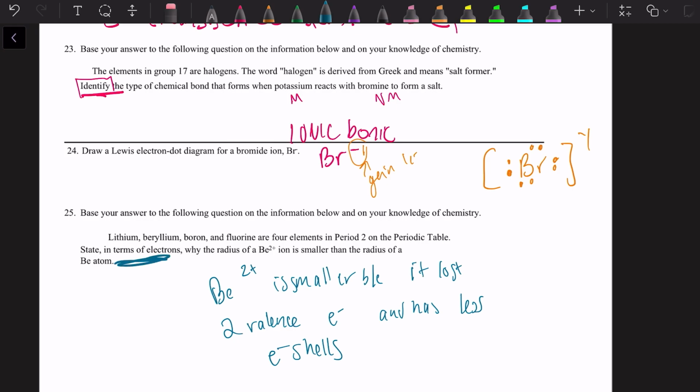So we've talked about electrons multiple times in our answer. It lost 2 valence electrons and it lost that electron shell. But as long as you're talking about, hey, it's losing electrons, that is good.